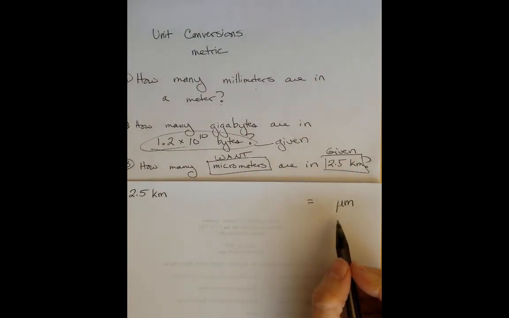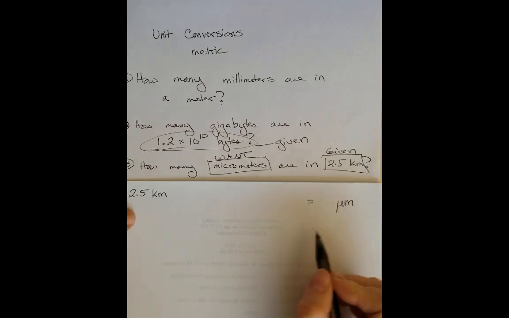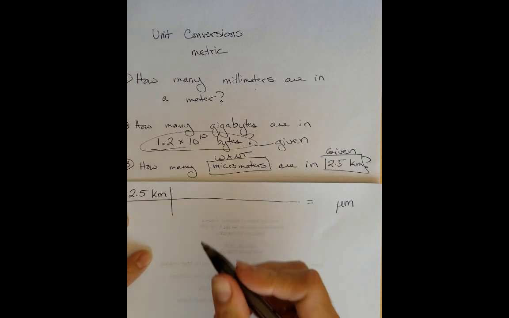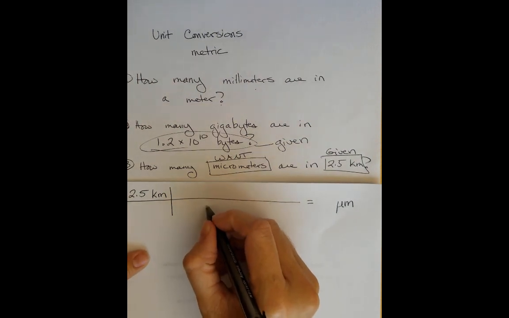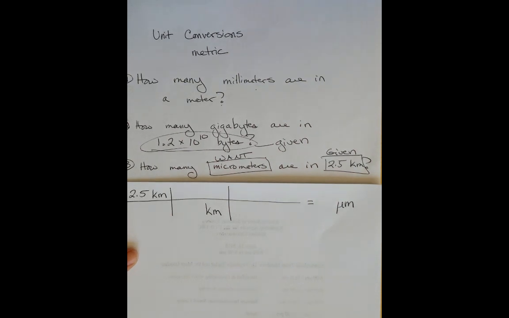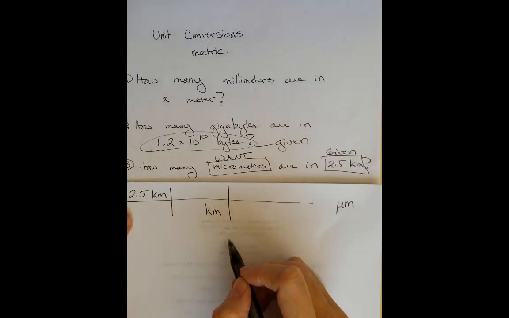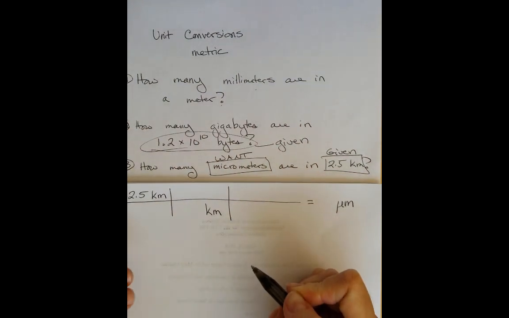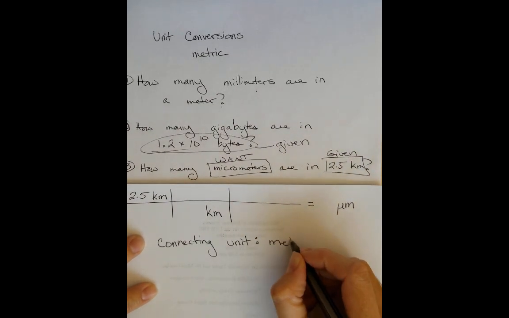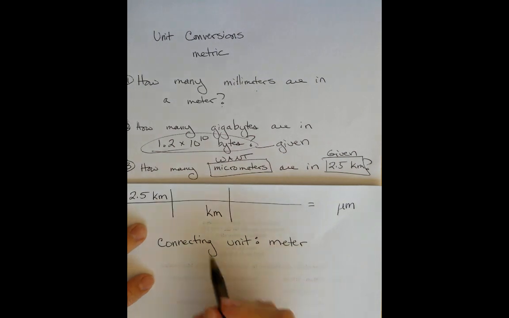The hard thing though is I don't have a ratio that goes from kilometers to micrometers. So I do know I'm going to get rid of my kilometers because they're not really going to do me any good. And in the end, I want my micrometers. So I need some unit to connect these two together. My connecting unit is going to be the meter, that base unit of 1.